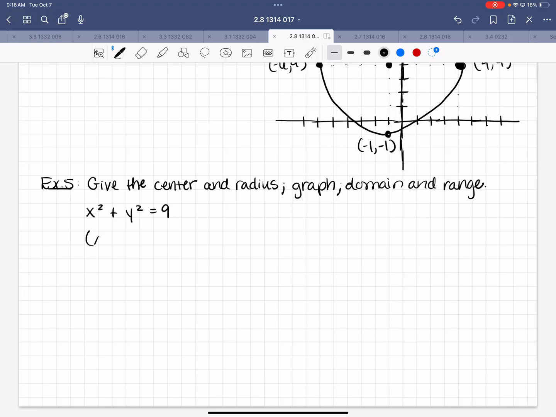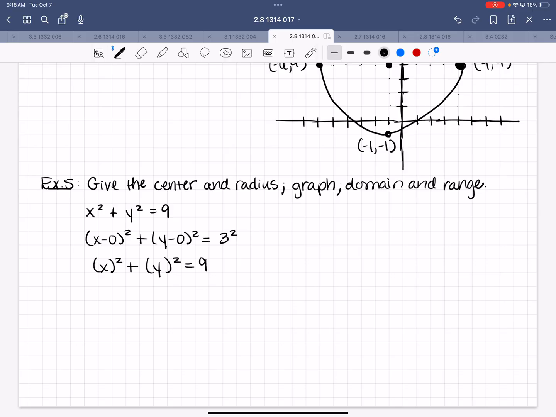If I had x minus 0 squared plus y minus 0 squared equals, what's r here? 3. 3 squared. What's x minus 0? Just x. So that turned into just x squared, and that turned into just y squared equals 9.